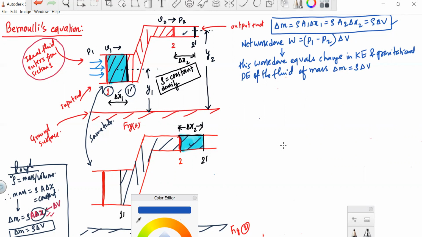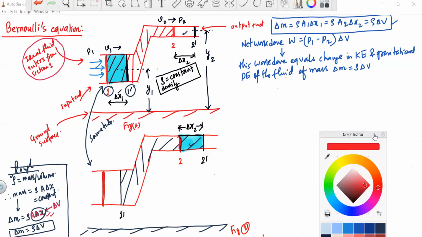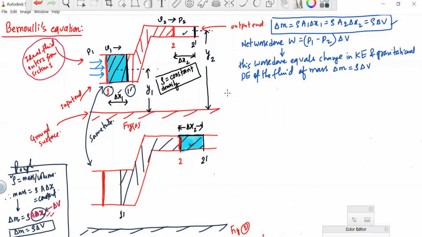Okay, now let us find change in potential energy of mass delta m.